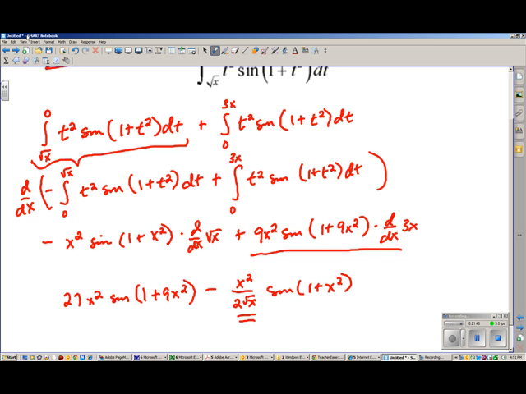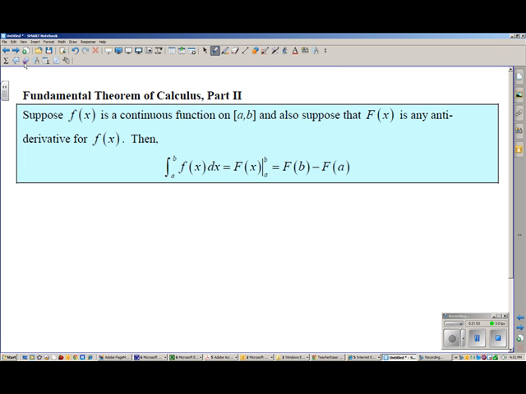Part 2 is something we'll talk about in class. The fundamental theorem part 2, as I mentioned way back at the beginning, it's something we've already been using. And it says, if f is continuous on a closed interval, and suppose that big F is the antiderivative of f, then what does this mean?